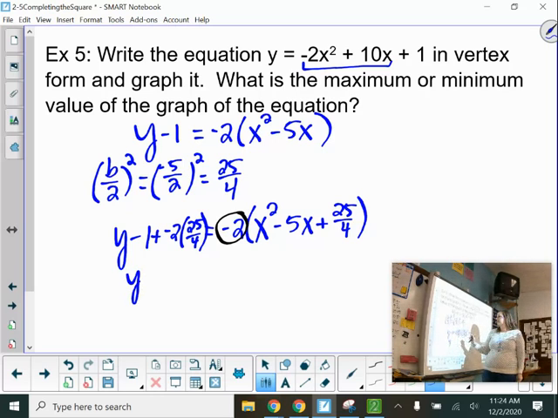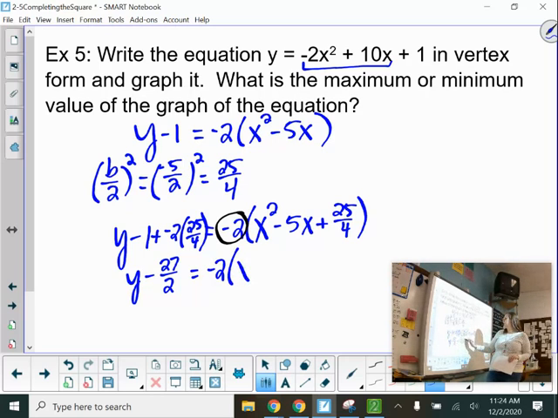So -2 times 25/4, the 2 and the 4 are going to reduce, so this is really -25/2. So -1 minus 25/2 is going to be -27/2, which as a decimal is going to be 13.5.